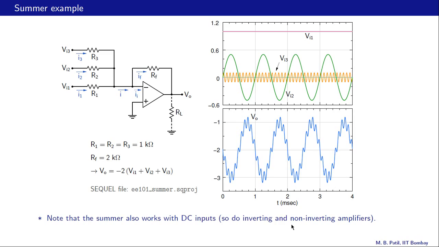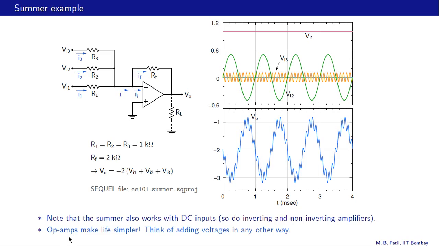So in that sense, these op-amp circuits are definitely better because they can be used for DC voltages or slowly varying voltages, whereas the common emitter amplifier cannot be used for those conditions.